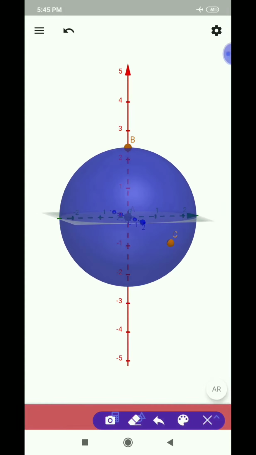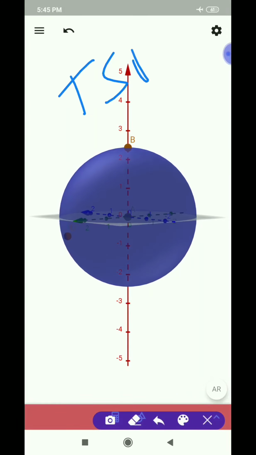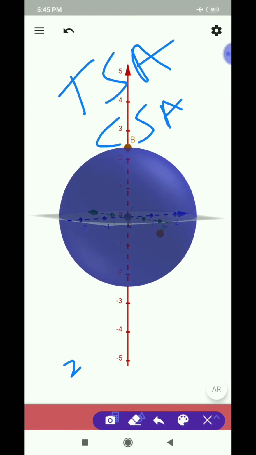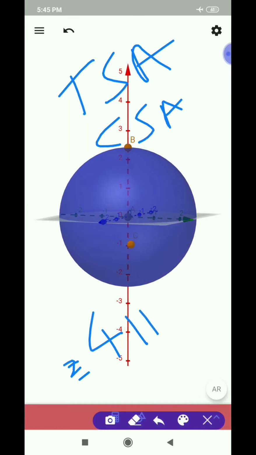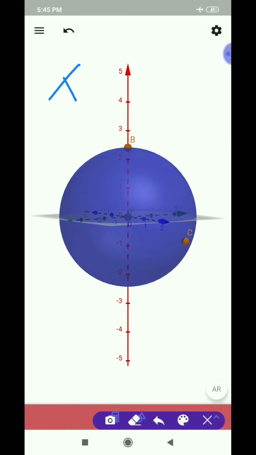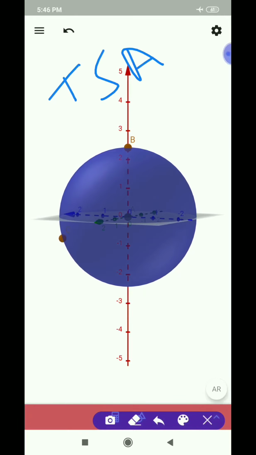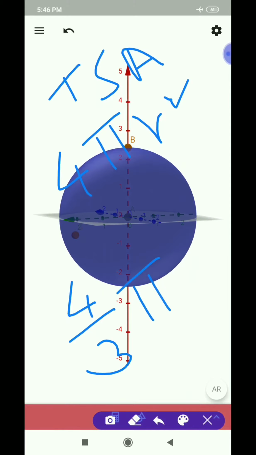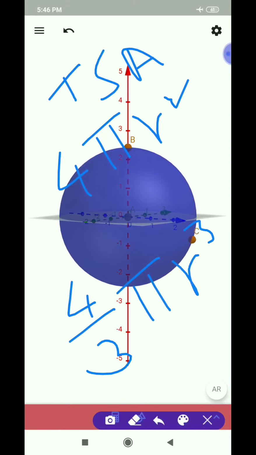Yes, the total surface area or curved surface area of this sphere is 4 pi r square. Once again, total surface area of the sphere is 4 pi r square. What is its volume? Its volume is 4/3 pi r cube.